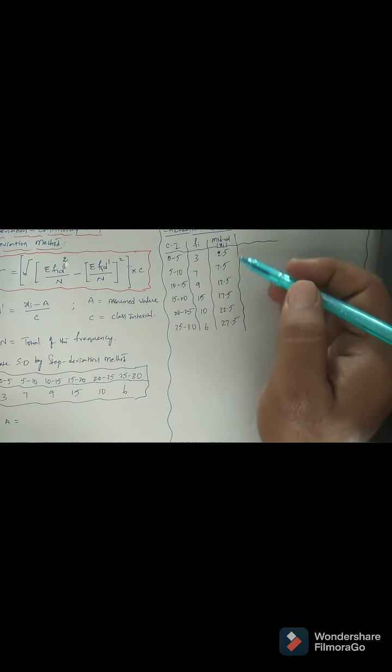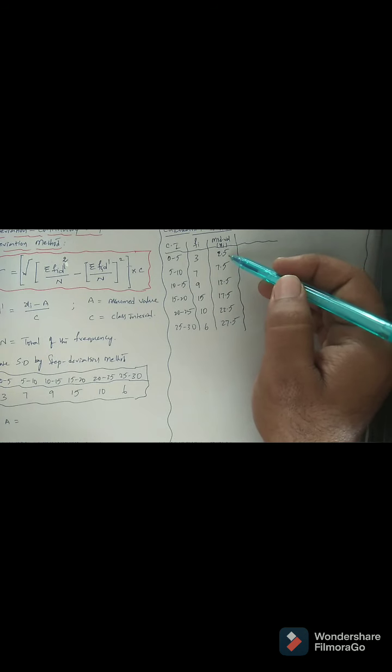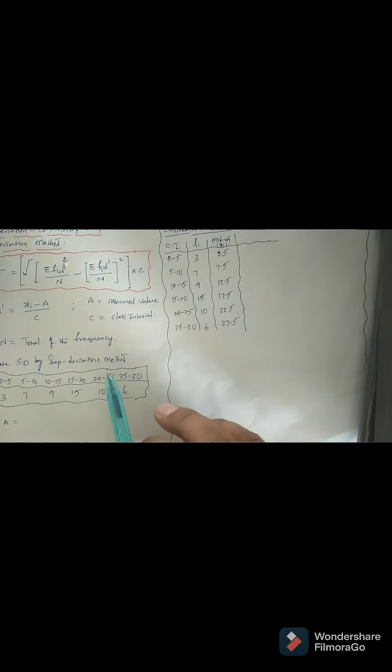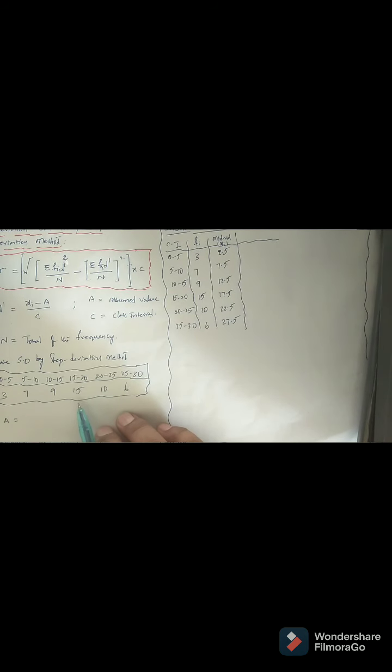Here the mid values are 2.5, 7.5 and so on. The main reason to go for the step deviation method is to reduce the difficulty, by making the calculation simpler, when the data becomes simple.